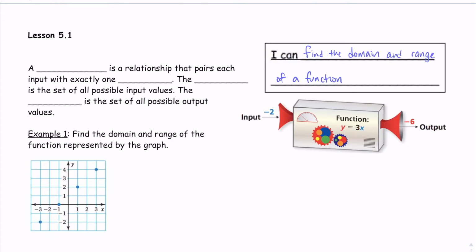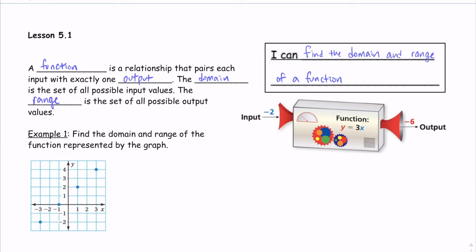So a function is a relationship that pairs each input with exactly one output. The domain is a set of all possible input values, and the range is a set of all possible output values.